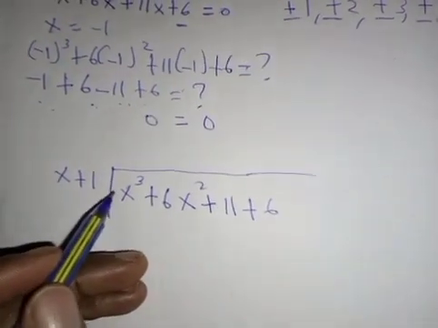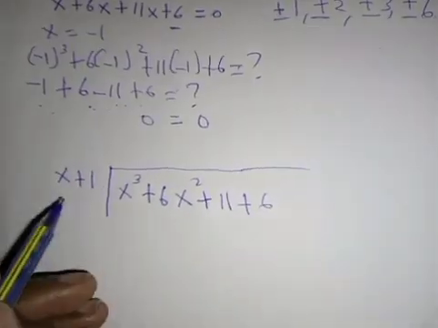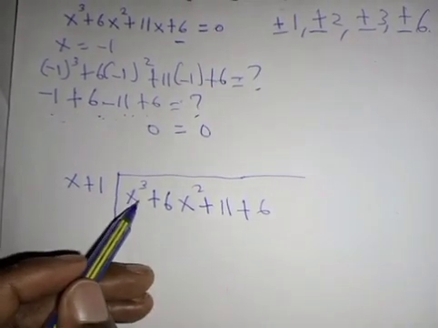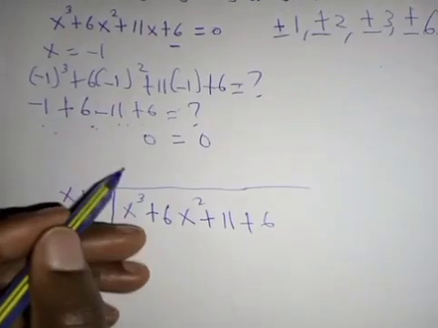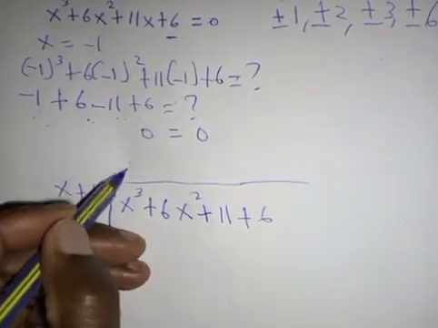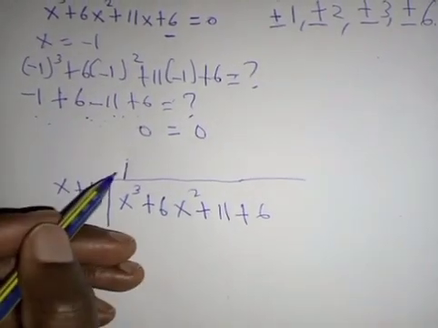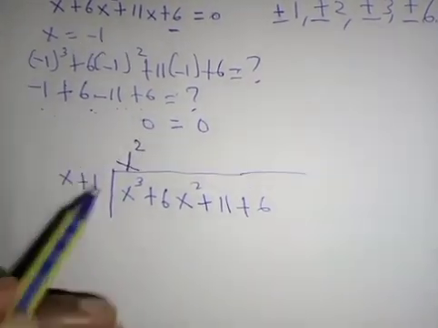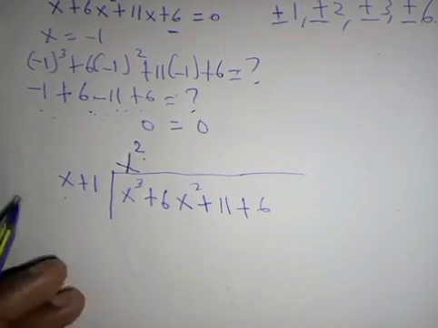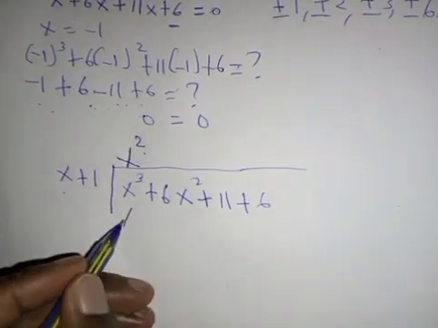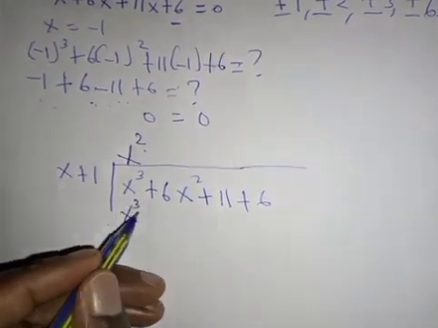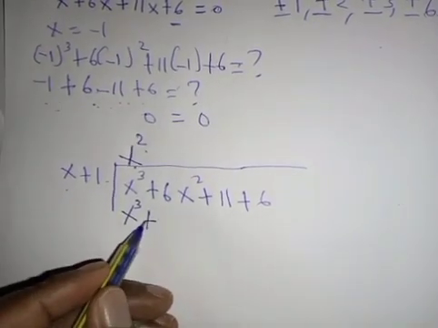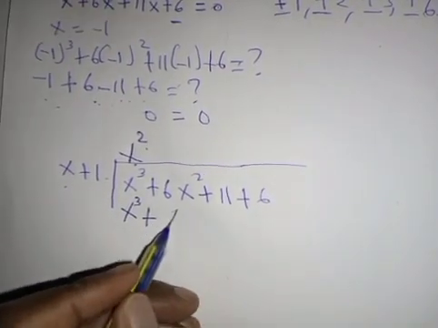So you ask yourself, which number can you multiply with this factor here, x plus 1, to get x cubed? Of course, in this case, it is x squared. So you have x squared times x will give us x cubed. x squared times 1 will give us x squared.